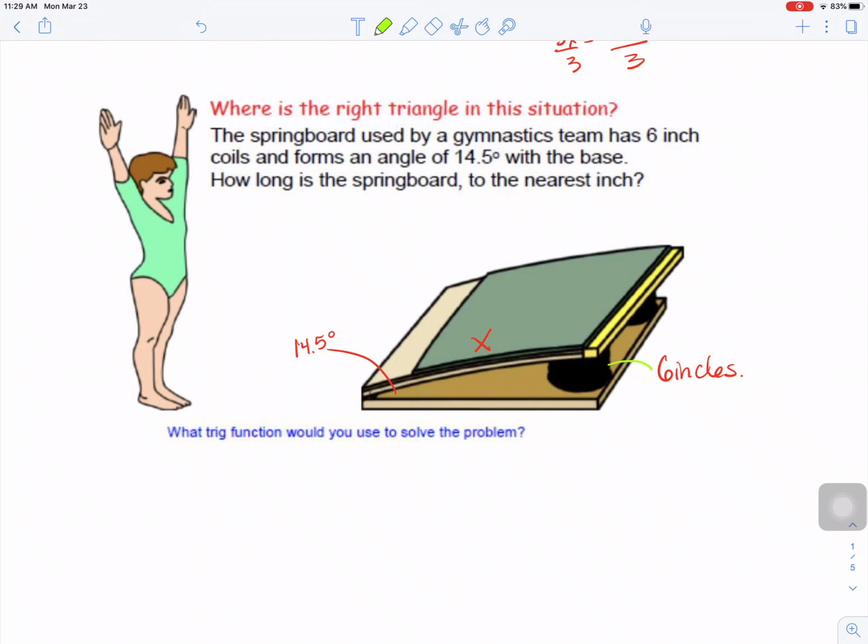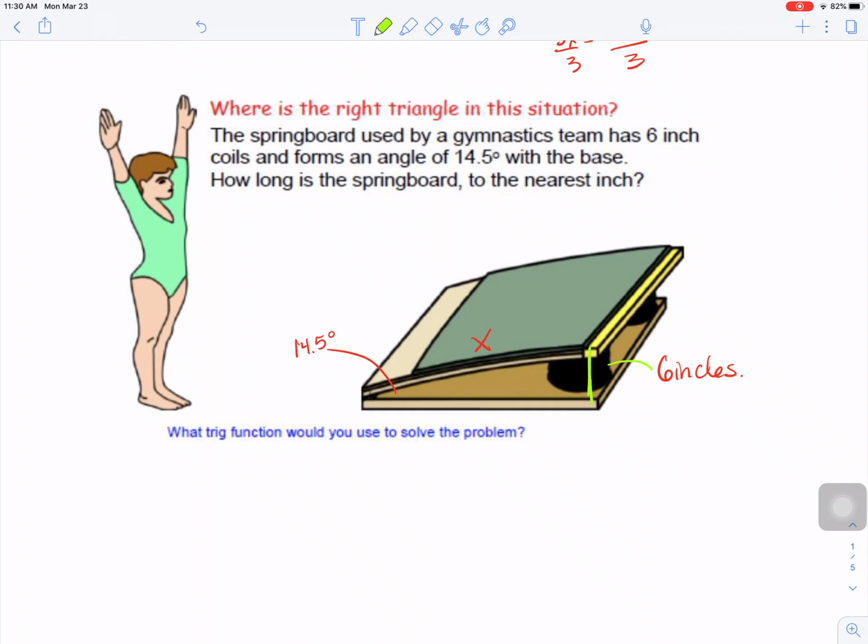I'd like you to think about that for a second, and I'm going to pause long enough for you to think where you think the right triangle might be. And if you have your PDF open on your iPad, you can draw in the right triangle, because I'm about to draw it in on mine. I put the given information in the diagram because that helps me to think about where the right triangle is, where those numbers are.